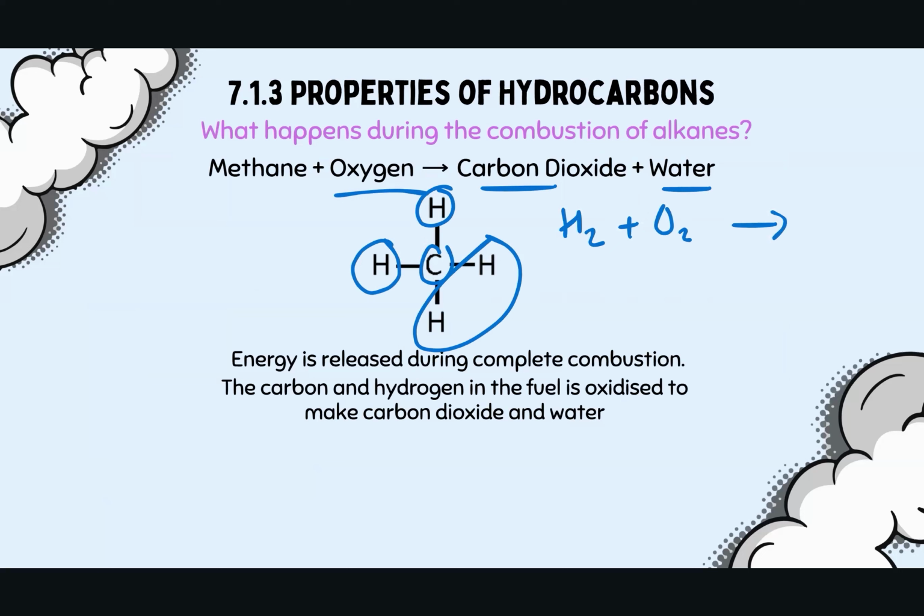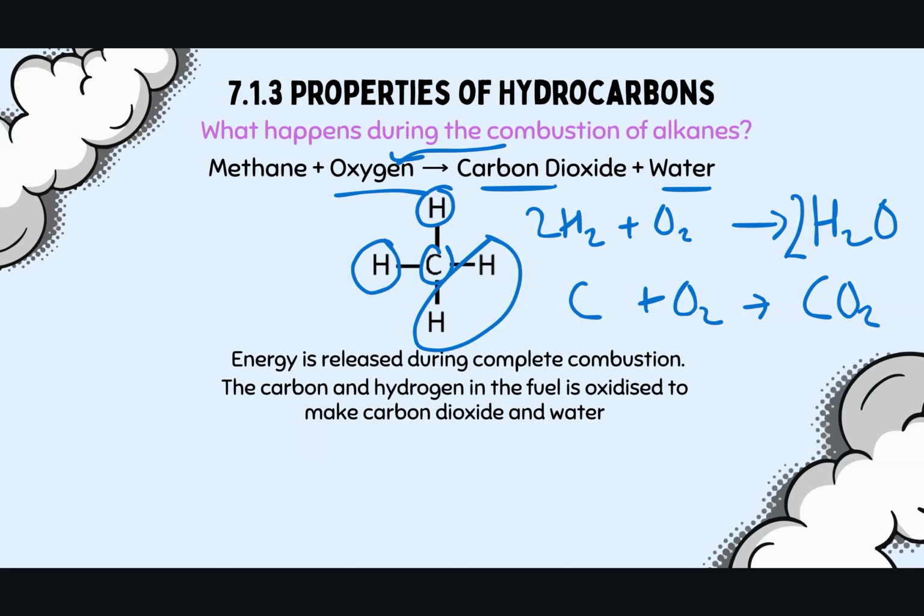This is not balanced, but it makes H2O. What's carbon going to make when it reacts with oxygen? CO2. So the only thing an alkane can combust into, combustion means a reaction with oxygen, so combustion of alkane can only make water and carbon dioxide and nothing else.